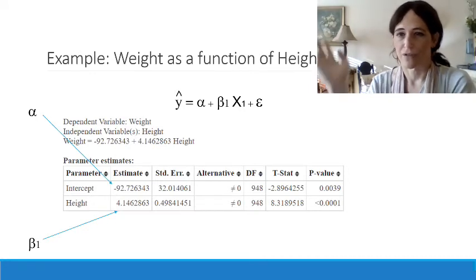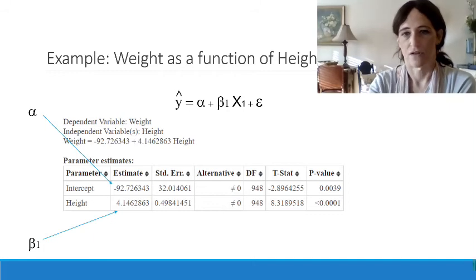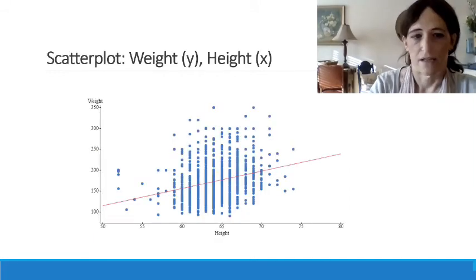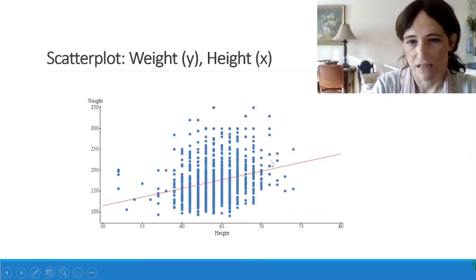However, if we were to extrapolate the line and go beyond our data, notice our lowest value is 50. Ideally, this axis would go all the way to 0, but you can see that our real observations go between roughly 50 inches and 75 inches, okay?